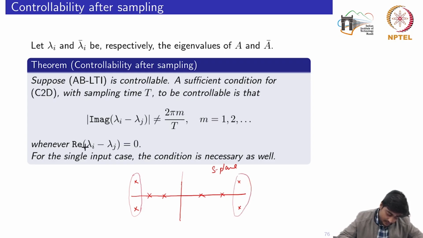In this case, we could have the real part of the difference of two eigenvalues equal to 0, and only in those cases we would check the imaginary part of that difference. If that imaginary part of the difference is not equal to 2 pi m by t, where t is the sampling time, then we say that the discrete time system is also controllable.